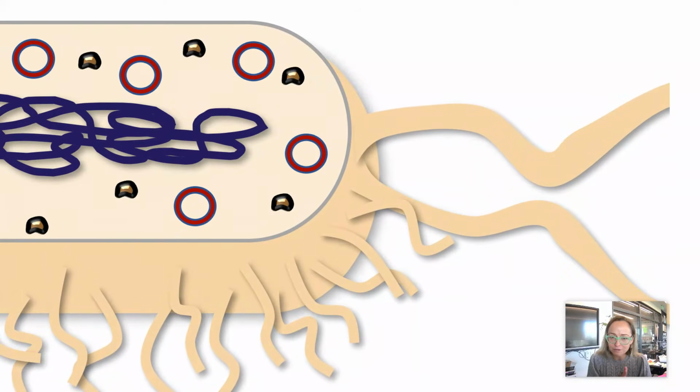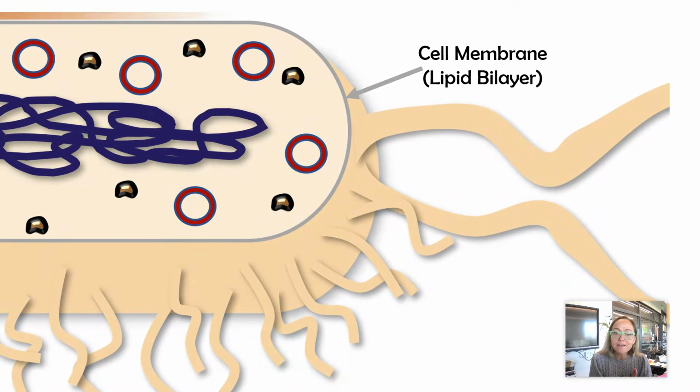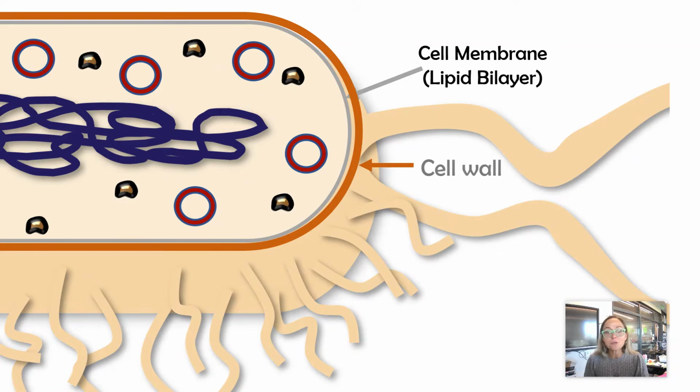Okay, so let's go ahead and zoom in on this prokaryote. I want to talk real quickly about cell membrane versus cell wall. When we look at this image, we can see the cell membrane in gray, and it's surrounded by a cell wall. Those two words are not interchangeable. They mean different things.